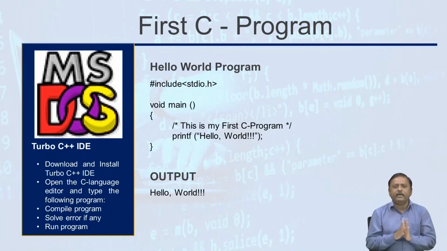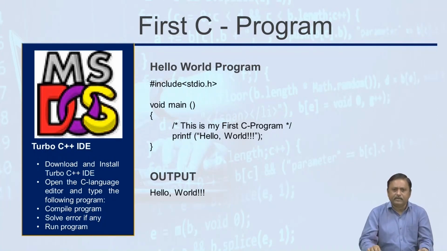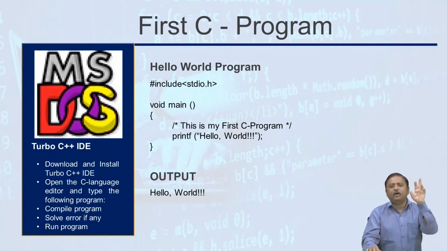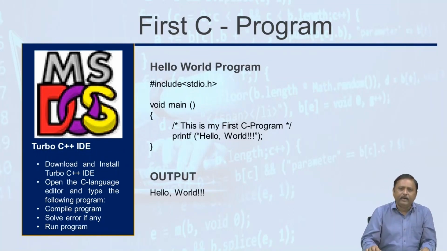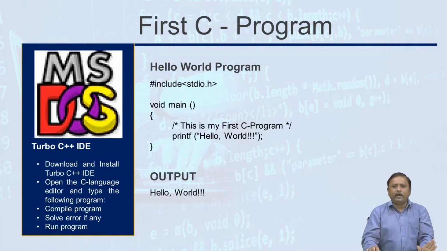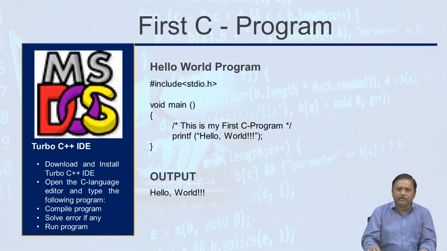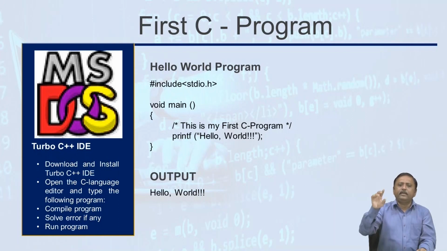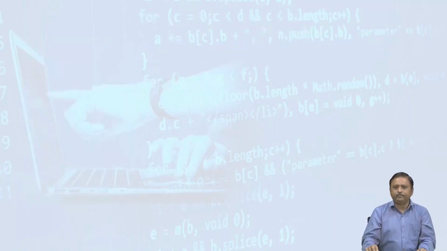Whatever you write inside a comment is not part of the program, so you can write it in any case, but the rest you have to write in lower case only. So this is the hello world program. I hope you are able to write this program once you download Turbo C++ IDE, and you can compile it from the compile menu and run it from the run menu.